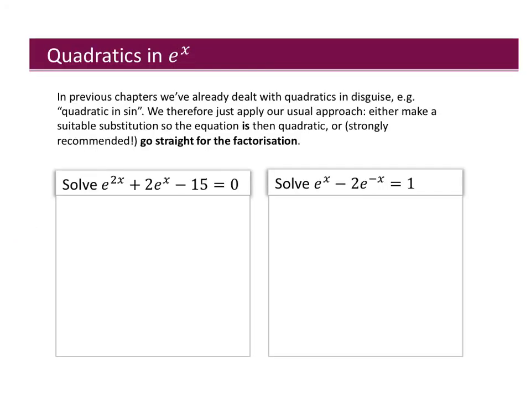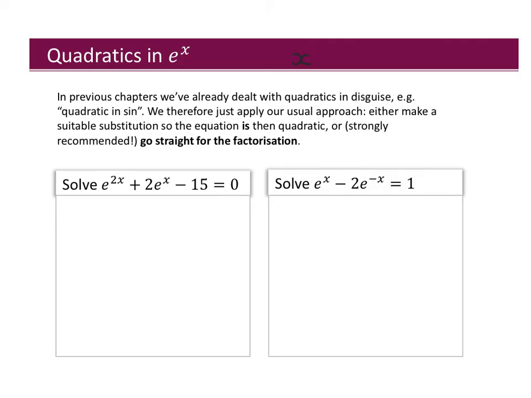Right, quadratics in e to the power of x. Okay, so this is something that people always get confused in. Whenever we talk about x, I'm just talking about an unknown quantity. Okay, think about this normally. So e to the power of x is essentially just an x, isn't it?